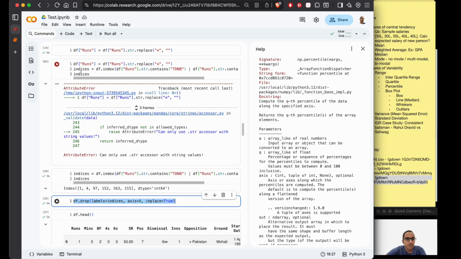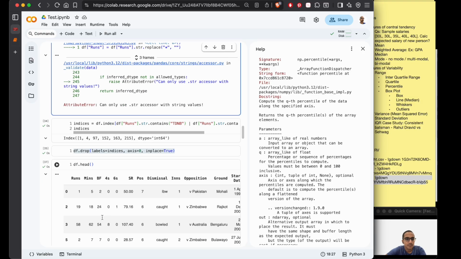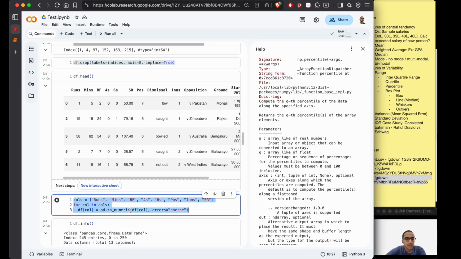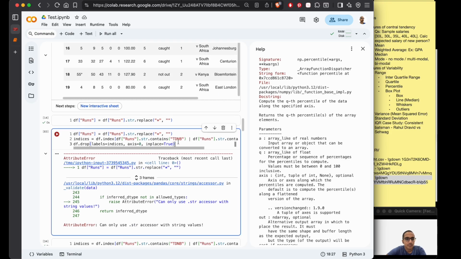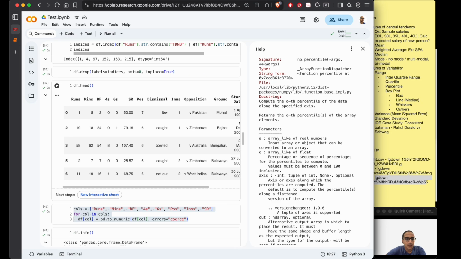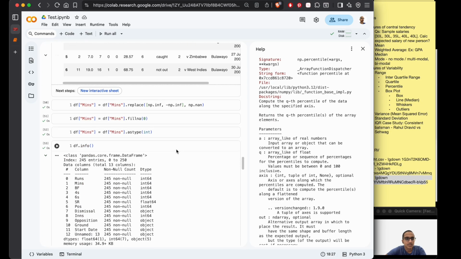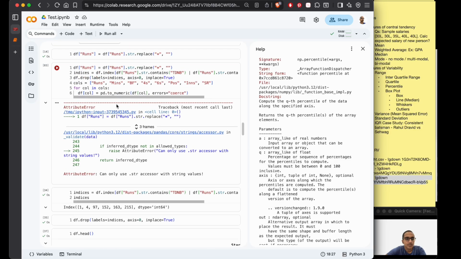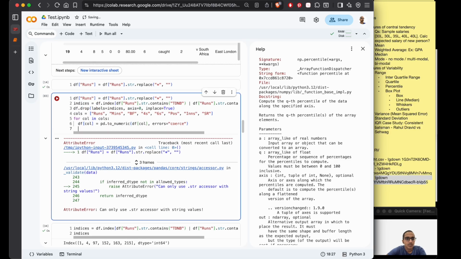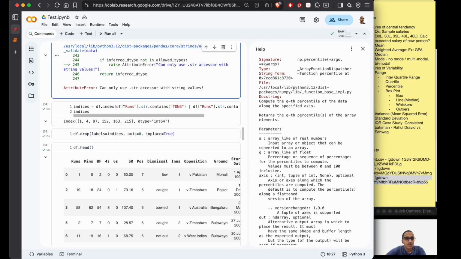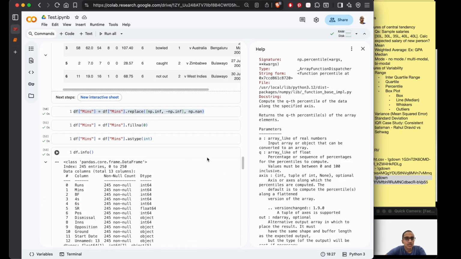We will drop the labels, and I will copy them. I have the info. And replace.